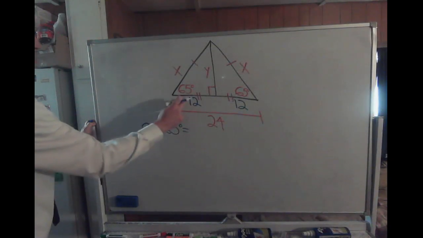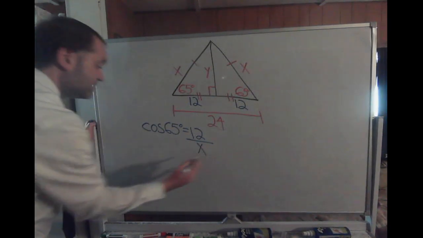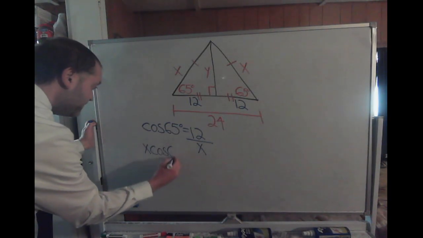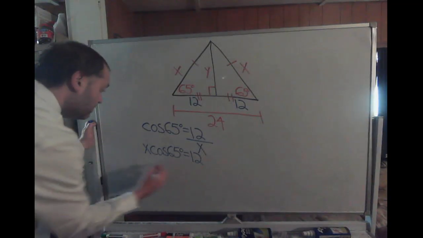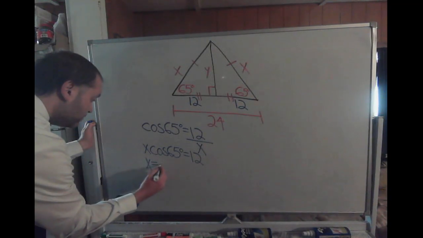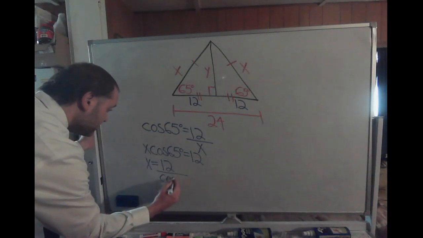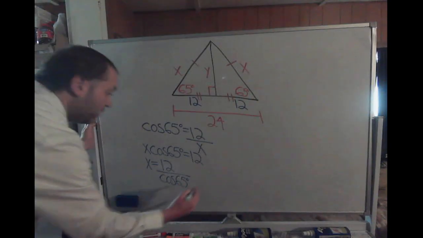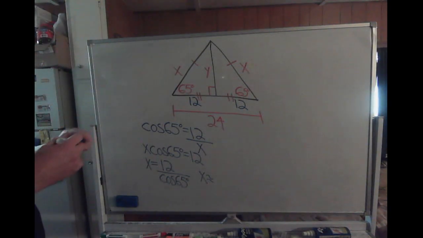That equals the adjacent, which is 12, over the hypotenuse of x, which would then give you x cosine of 65 degrees equals 12, which would then give you that x is equal to 12 divided by the cosine of 65 degrees, at which point then we should be able to get a 2 decimal place approximation to this.